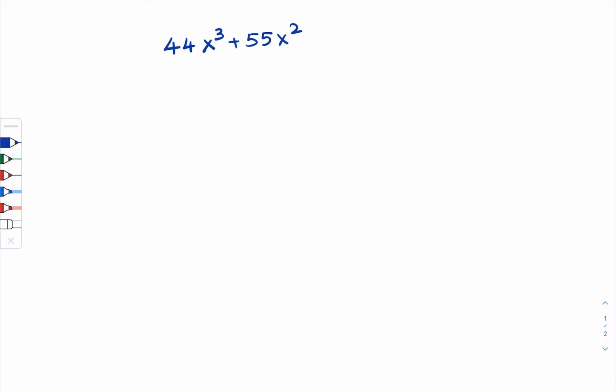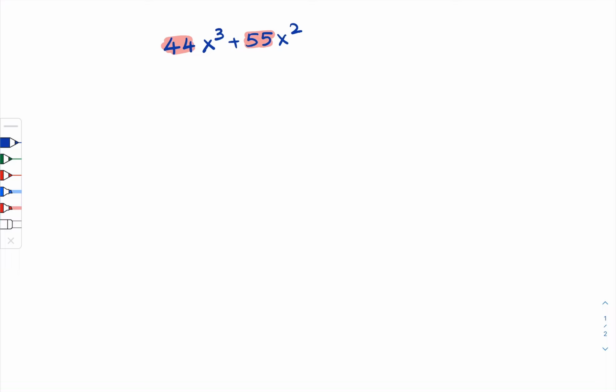When the question requires you to factor, you have to compare these two terms to figure out what the common factors are and how you can pull them out. One way to look at it is to separate the numbers from the variables. I'm going to highlight the 44 and the 55.